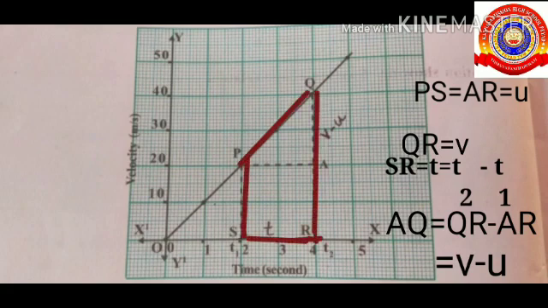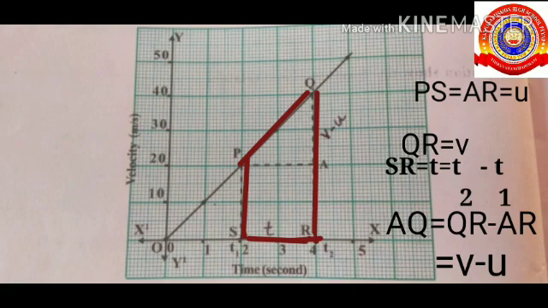You already know small letter u is the initial velocity and small letter v is the final velocity.